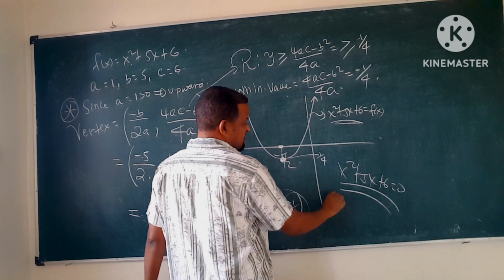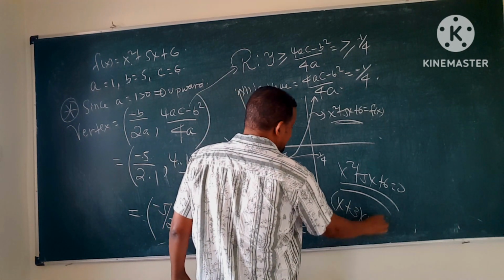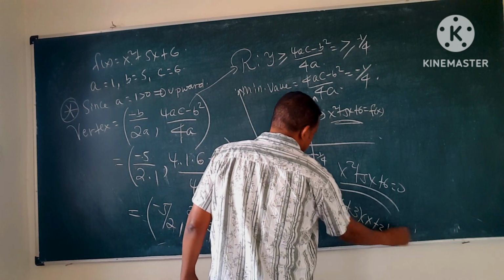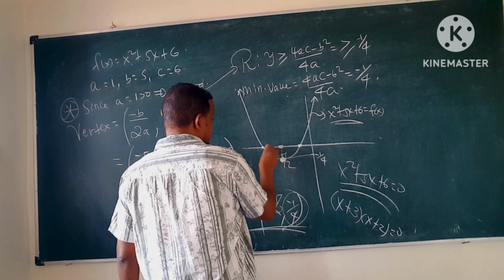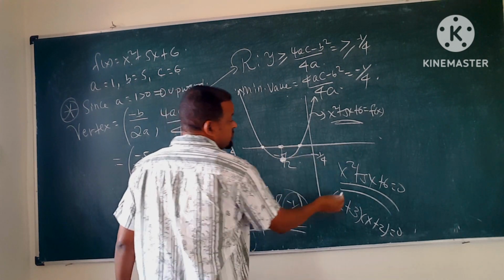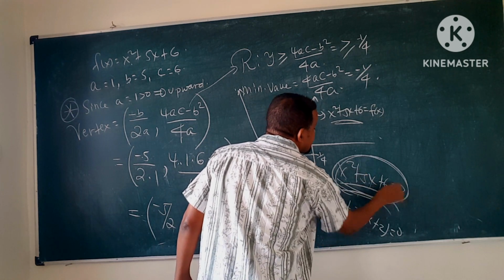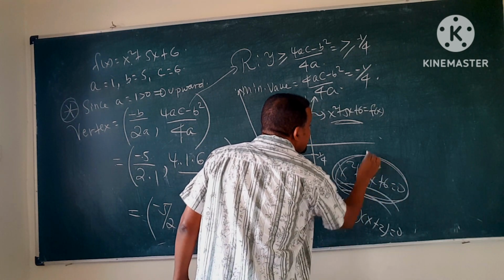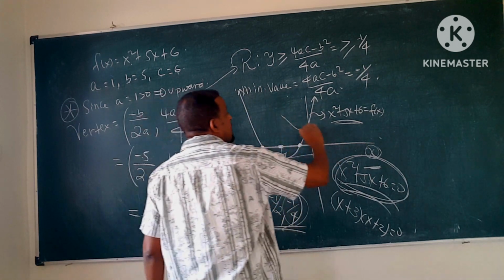I think it is x plus 3 and x plus 2. Anyway, check it. To get the x and y intercepts, you solve this, a ninth grade topic, and mark the values of x you find here and here. This is the parabola.